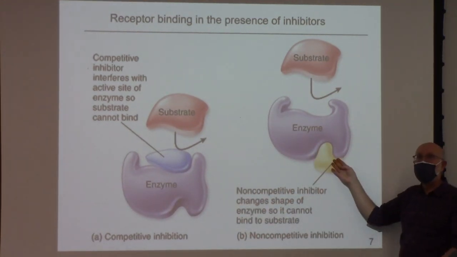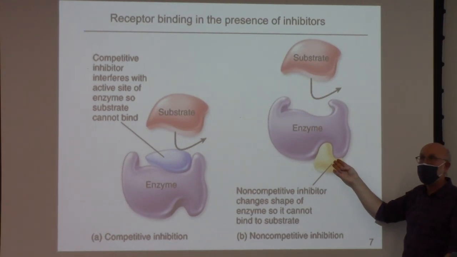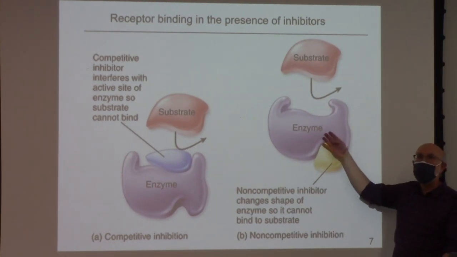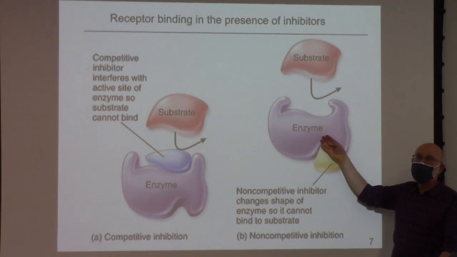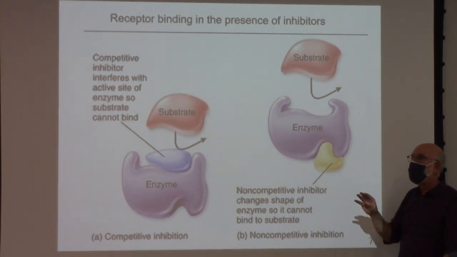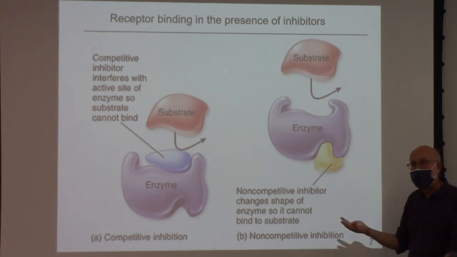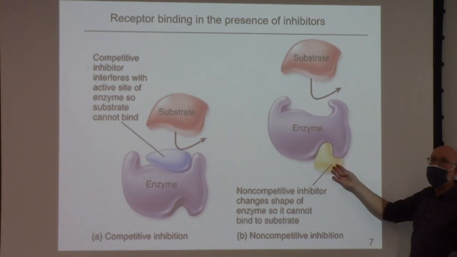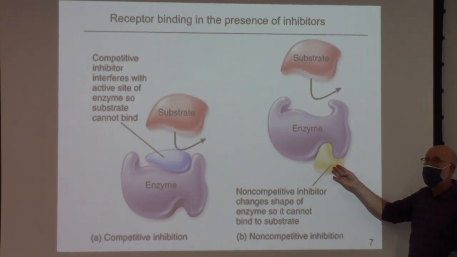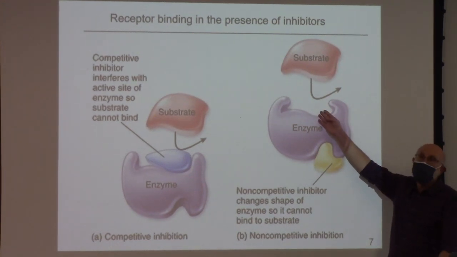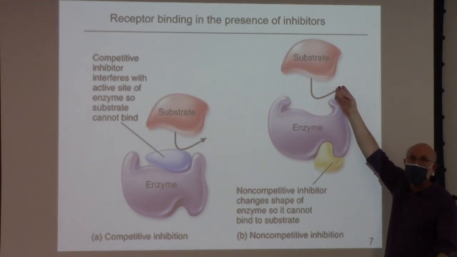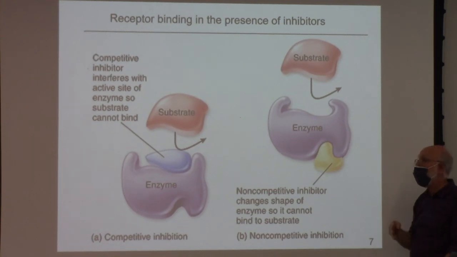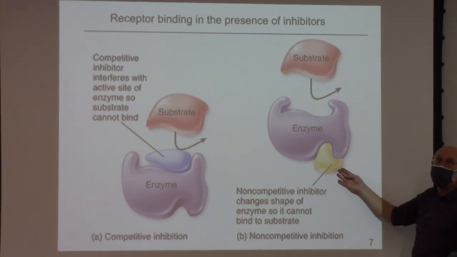If a non-competitive inhibitor is bound, it's as if we are taking a fraction of the receptors out of the picture. Some fraction of the time, the receptor is occupied by the inhibitor that renders the binding site invisible to the ligand. Some fraction of the time that depends on the binding of the allosteric inhibitor.